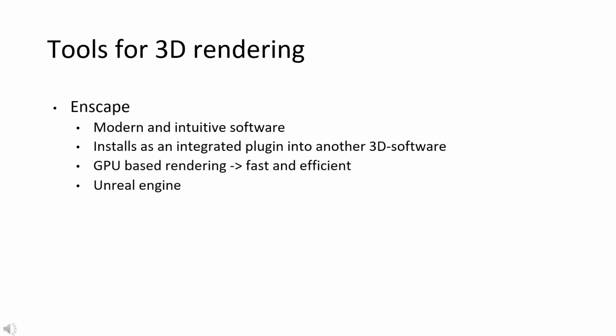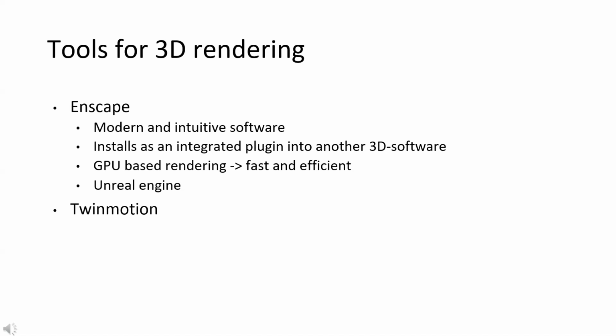There are some tools for 3D rendering, and for example this Enscape is one tool for it, and it's modern and intuitive software. It uses graphic card GPU to do rendering really fast and efficiently.